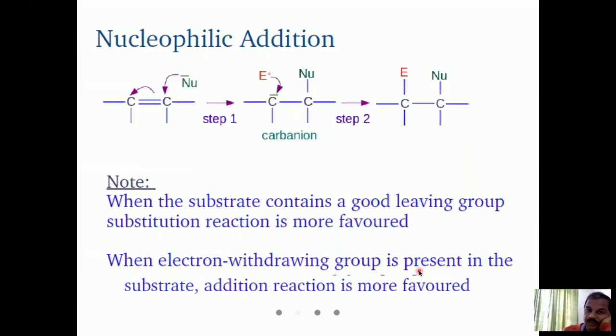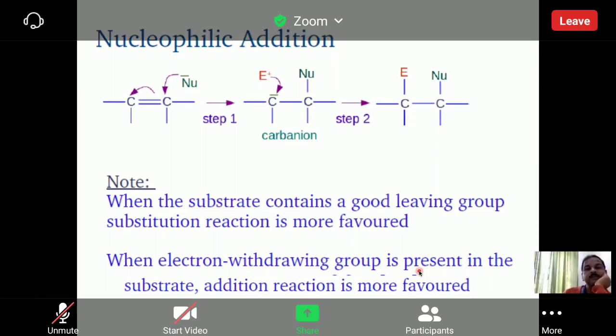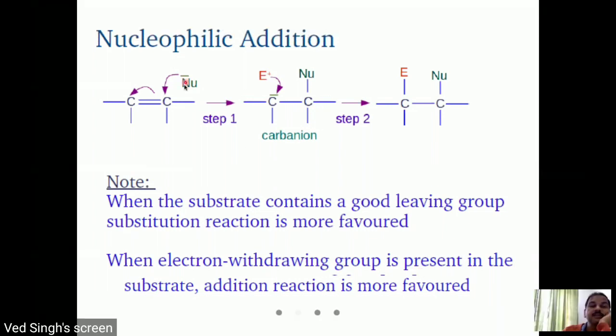This is the mechanism. The nucleophile will attack, whereas in the previous example the electrophile attacked first. Then this bond will move here and a carbanion forms. Now the electrophile will come here and make a bond.